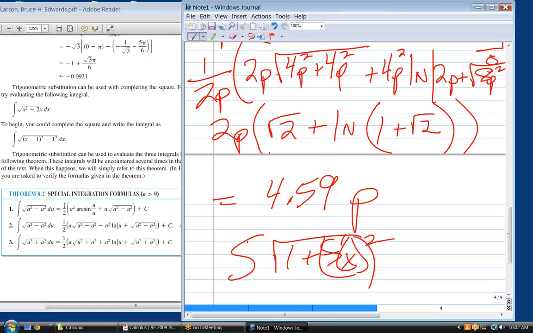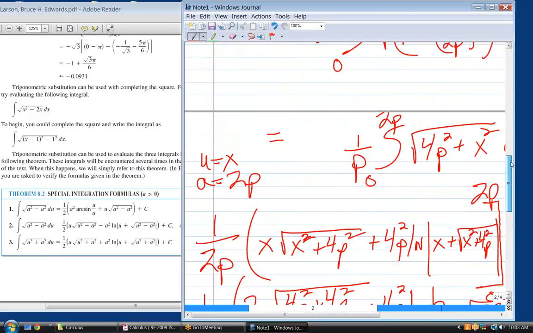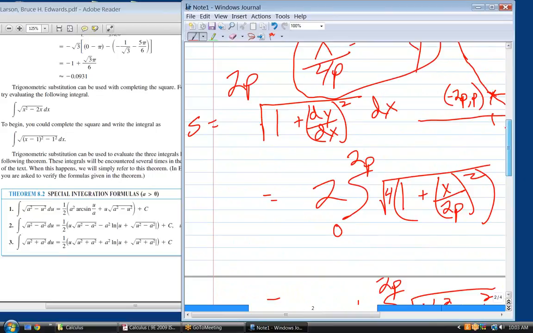But you do end up with something that looks like one of these three things over here. The only thing is that we always have a 1 plus, and so you have to do all these algebraic manipulations in order to get it into the square root of u squared plus a squared, as we saw here. Now, where do we get the square root of 1 plus something? That's the definition of arc length.